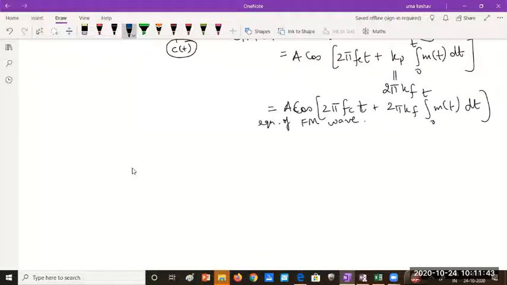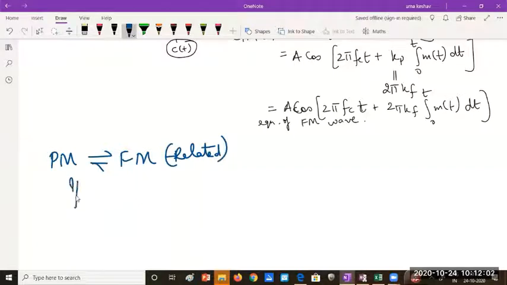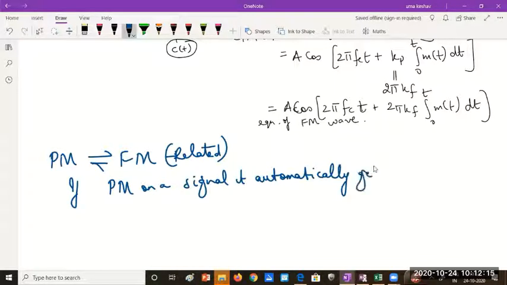They simply show us that phase modulation and frequency modulation, PM and FM, are interconvertible, or you can say they are related, which means if we do phase modulation on a signal, it automatically gets frequency modulated also, though we are not considering it, and vice versa.